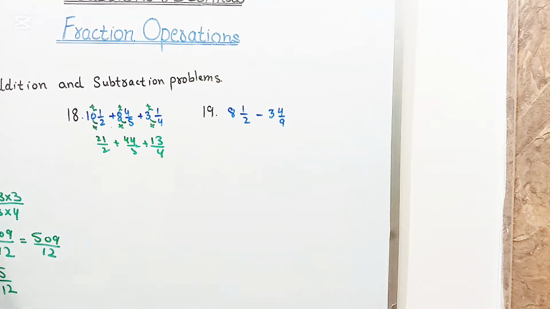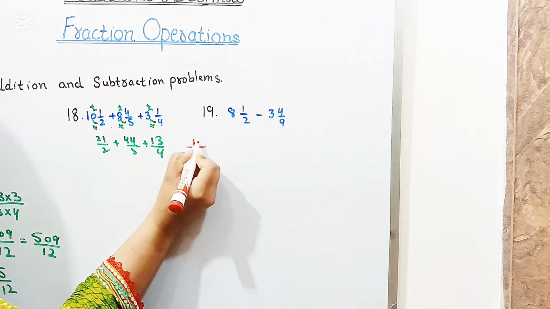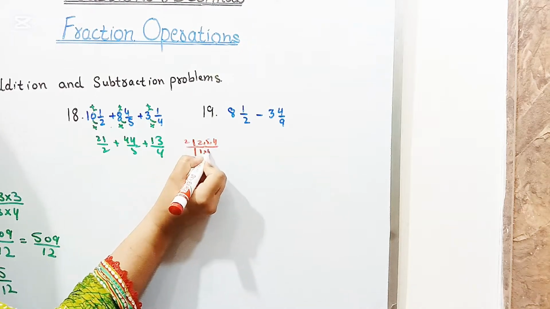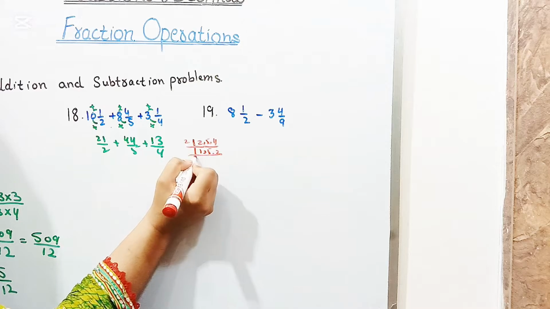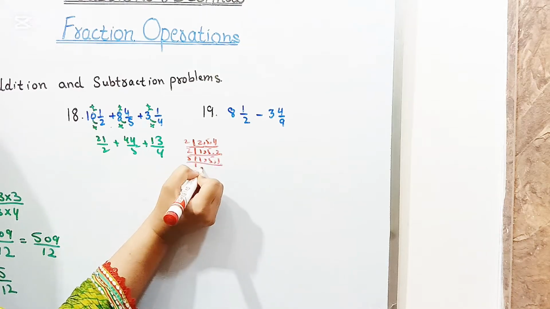Now we take their LCM. 2 5 4. 2 1s are 2, 2 2s are 4. 2 1s are 2, 5 1s are 5.